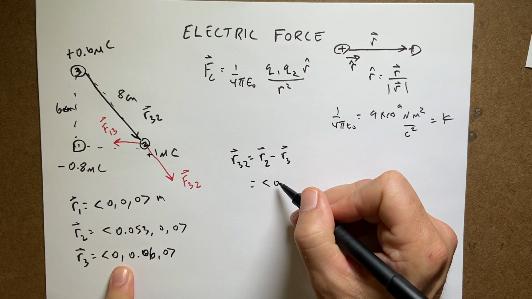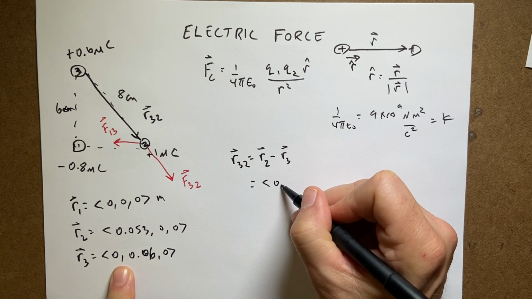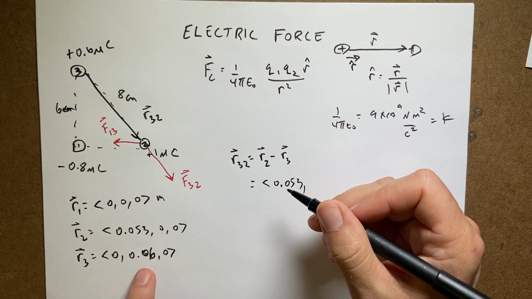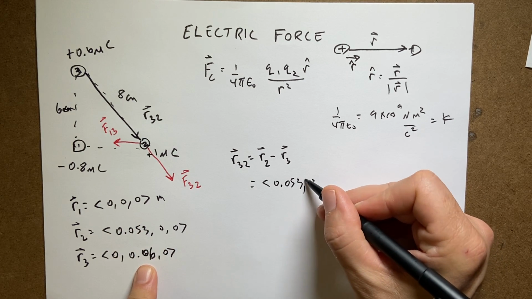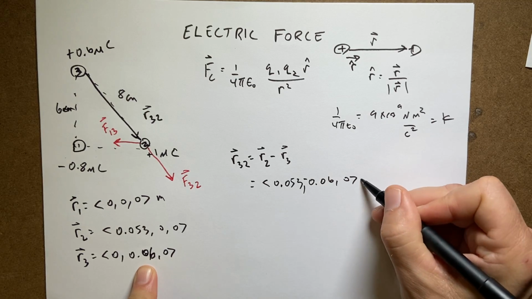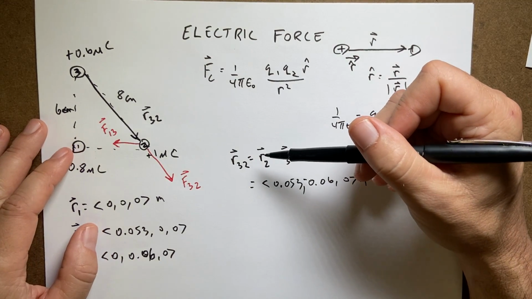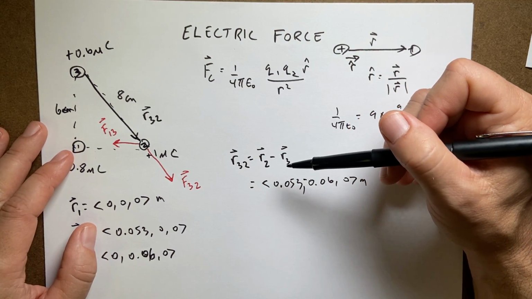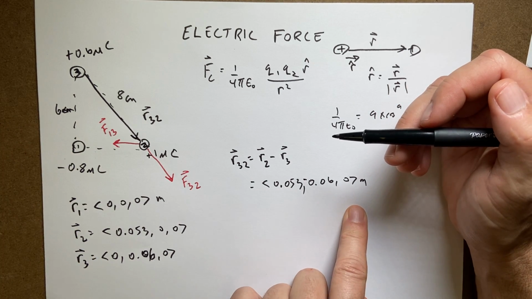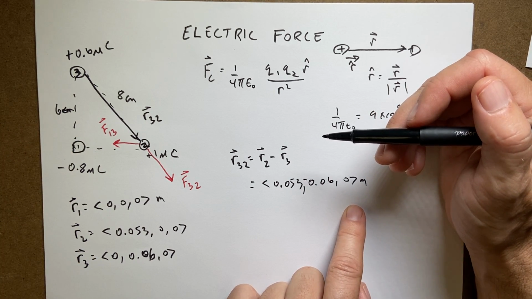So it's going to be 0.053 minus 0, then 0 minus 0.06, so negative 0.06, and then 0 minus 0. Remember, when I add or subtract vectors, I add or subtract their components. That's what's nice about writing this in component form, because it's very easy to add and subtract vectors.